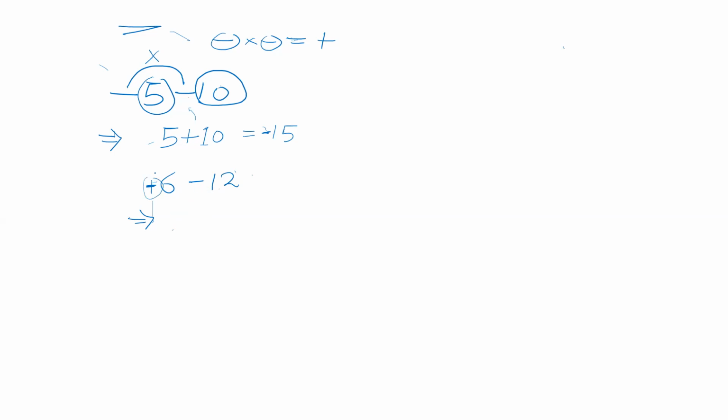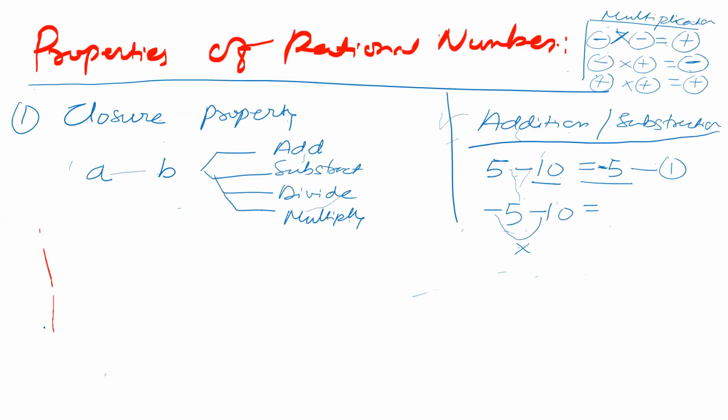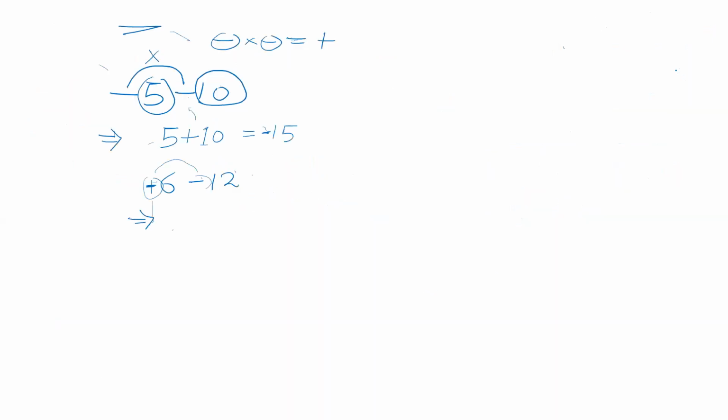This plus sign will go in multiplication with this minus sign. And as per sign convention, we know that when plus is multiplied by minus, we get a sign of minus. So between 6 and 12, there will be a sign of minus only.